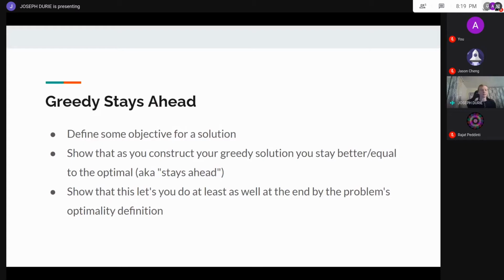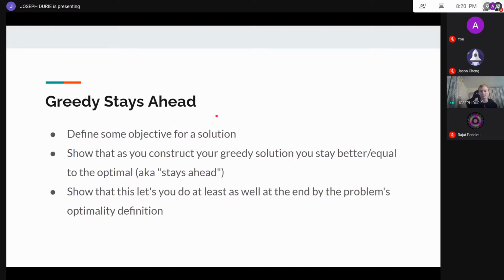Like in the previous one, you could think about it as the weight at every step. What we want to show is that the greedy solution always stays better than or equal to the optimal solution at every step, and therefore at the end, it'll be better than or equal to the optimal. This is kind of an abstract concept, but once we see a couple problems, it should make sense.